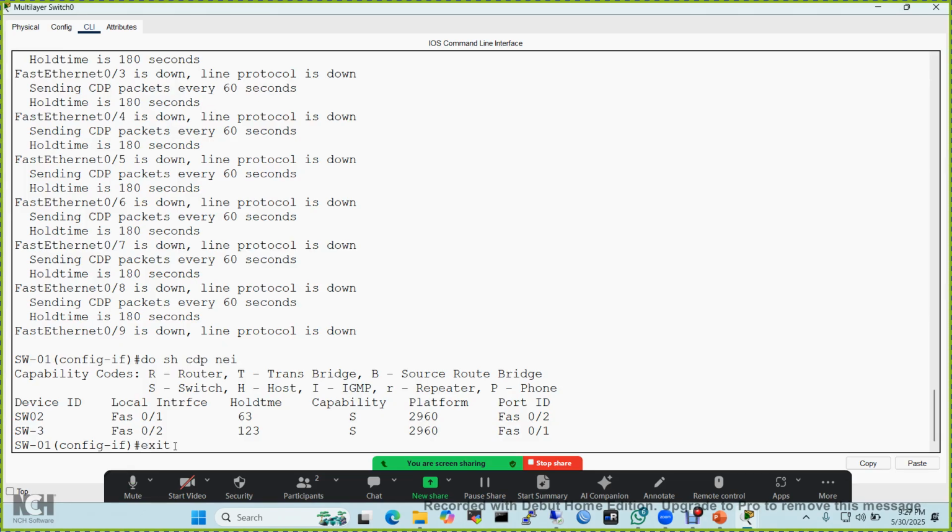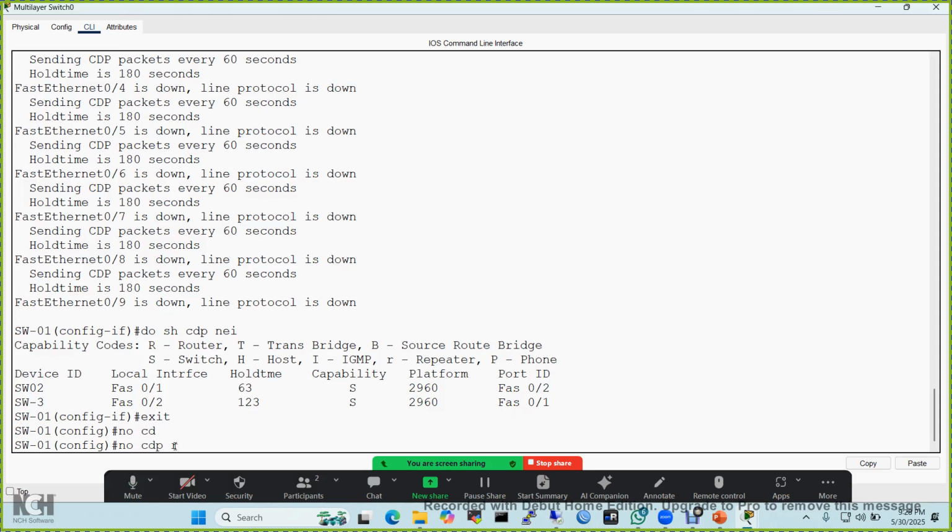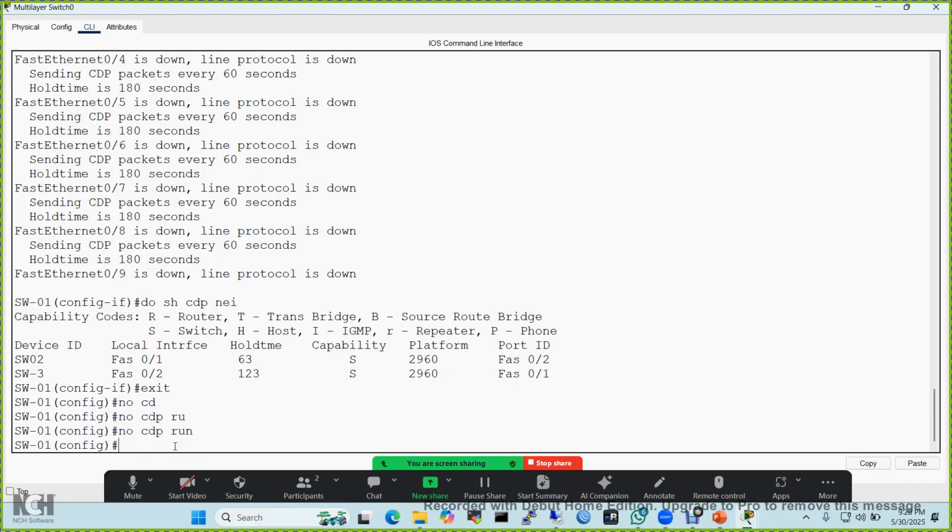Now we will disable CDP and configure LLDP. How will I disable CDP? No CDP run. It has gone.